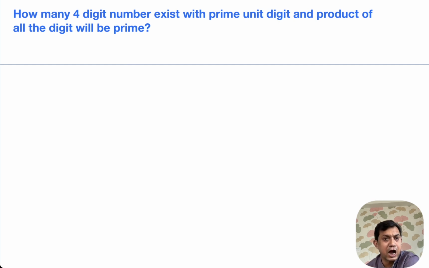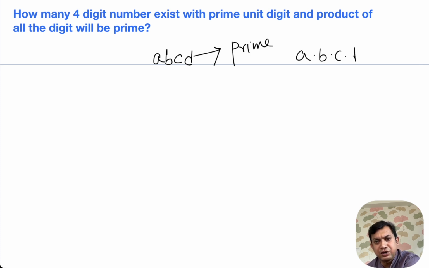It says, how many 4-digit numbers exist such that the unit digit is a prime number and the product of the digits is also prime. So I'm talking about a 4-digit number, say ABCD. The condition is that D should be a prime number, okay? And not only that, if I multiply A into B into C into D, this is also a prime.